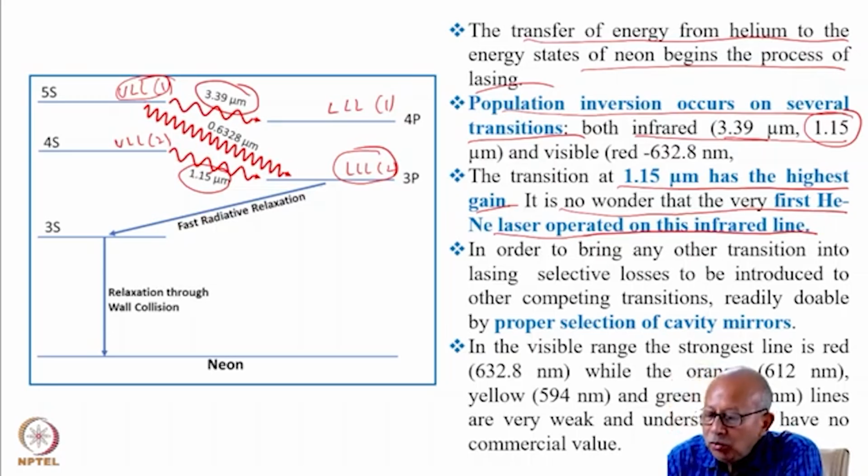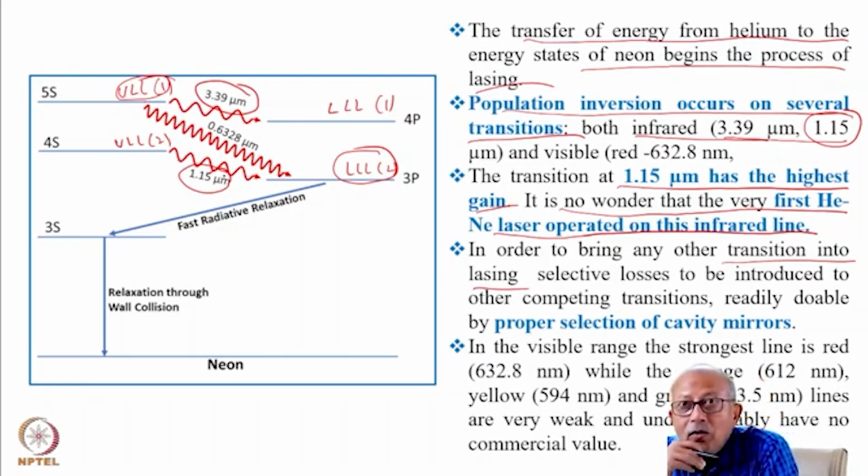However, how do you bring any other transitions into lasing? Because as you can see, a number of transitions are possible. This one has the highest gain, so on its own, lasing will occur on this transition. But how can you bring other transitions into lasing?